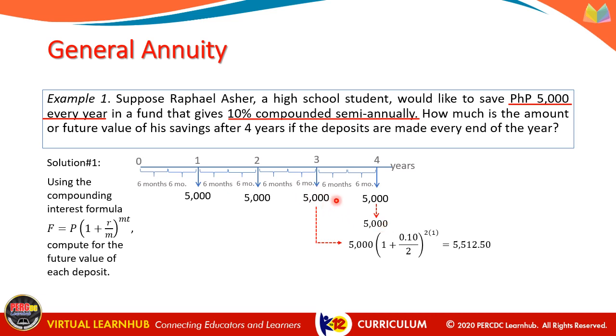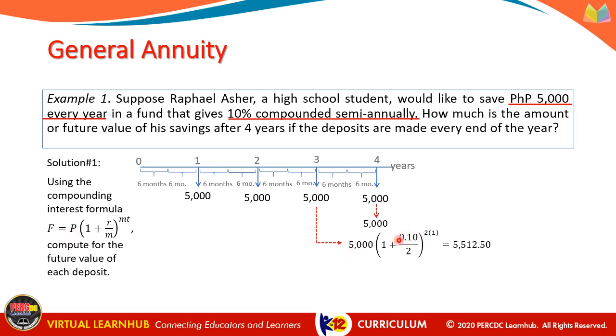This 5,000 pesos deposited at the end of third year will have a future value of 5,000 times quantity 1 plus 0.10 over 2 raised to 2 times 1. We just use this formula here. We substituted 5,000 pesos for principal P. Okay?